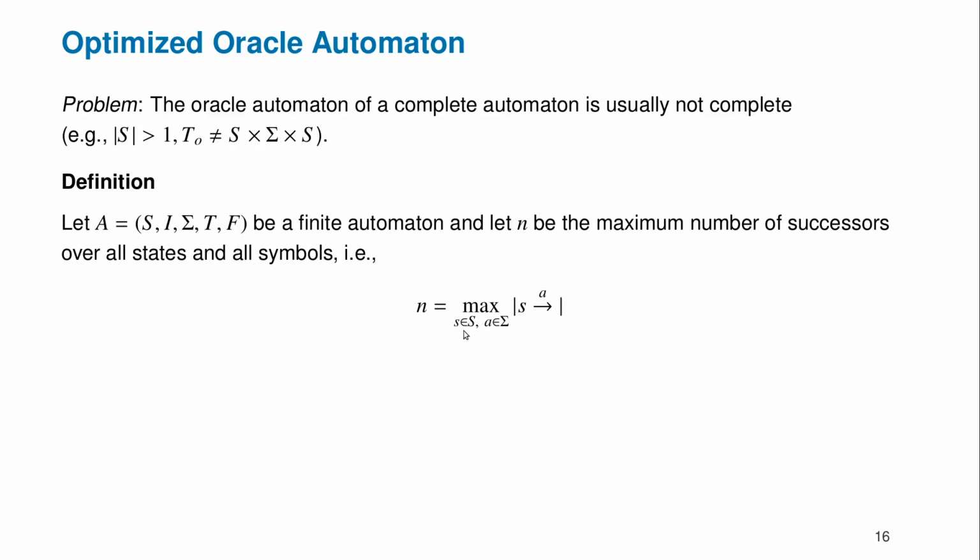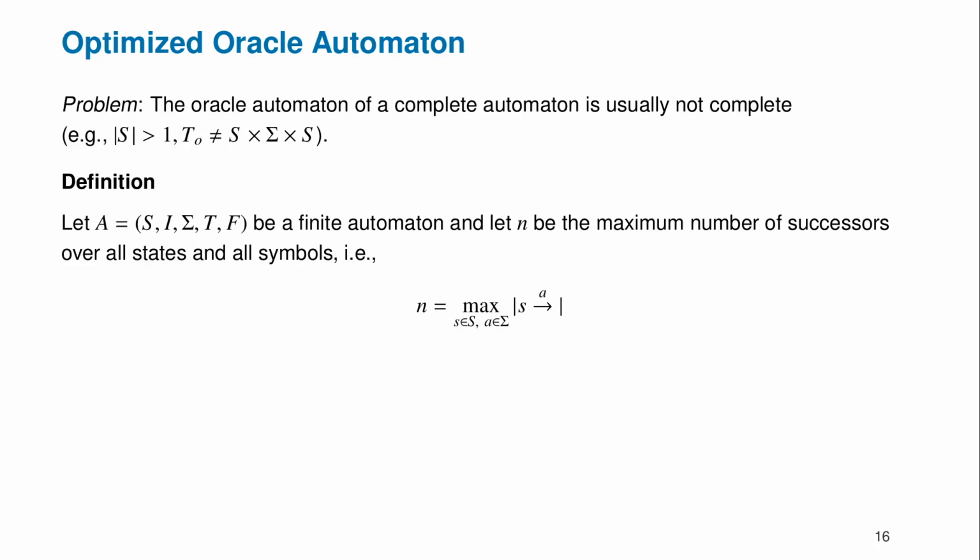from all states and all symbols we identify the maximum size of A successors for all symbols A of the alphabet. Yeah? So we look at the automaton and identify the state which has a maximal number of outgoing transitions labeled with a certain symbol.